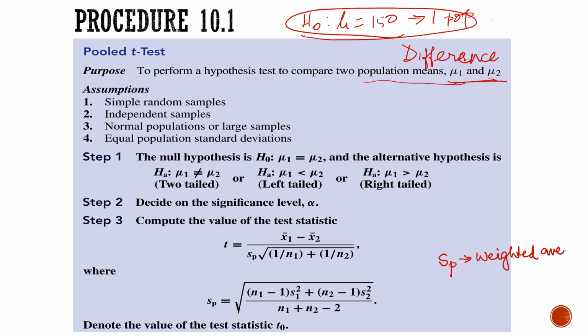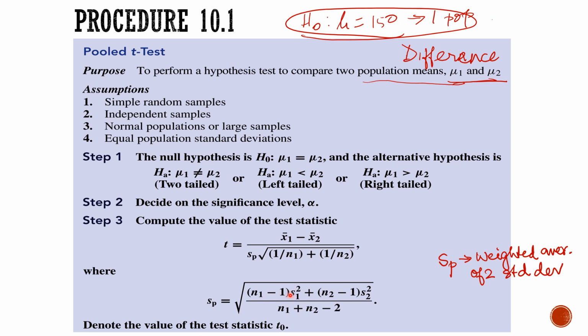Now, remember I said s sub p is the weighted average of the two standard deviations, and they are weighted on the basis of their sample sizes. So that's what they have done. They have multiplied each of these standard deviations squared, or the variances, by their respective sample sizes.